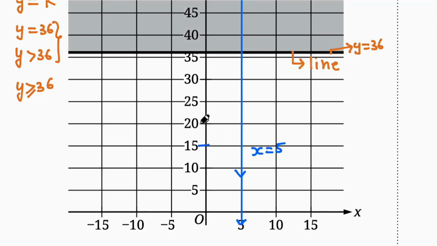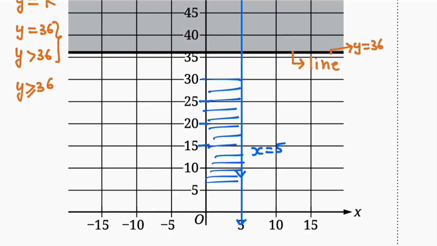Here it is 15, here it is 20, here it is 25. So x is equal to 5 is the equation of the line. And if I shade it here on the left-hand side, I can see that every value which is less than 5 is satisfying it.